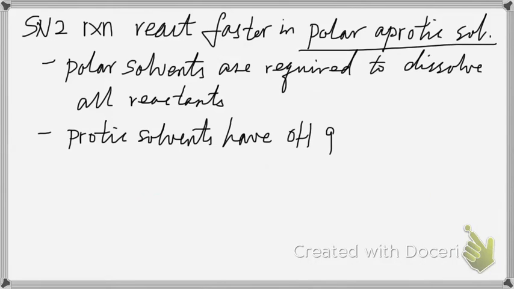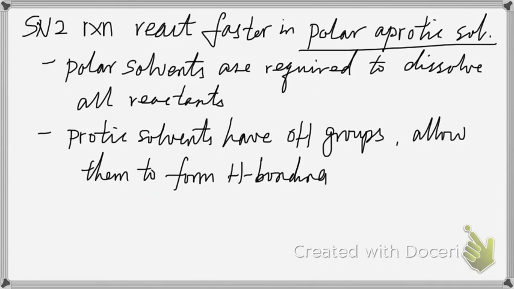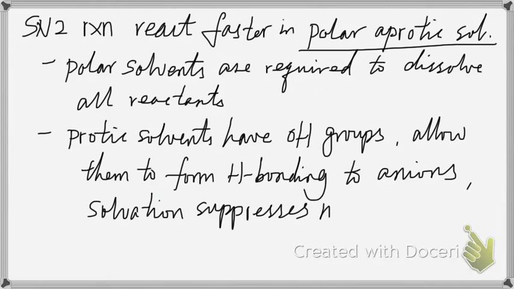We talked about protic solvents before. Protic solvents have OH groups, which allow them to form hydrogen bonds to anions, to nucleophiles. So the solvation effect will suppress the nucleophilicity of the nucleophiles, and the protic solvents are not good for SN2.